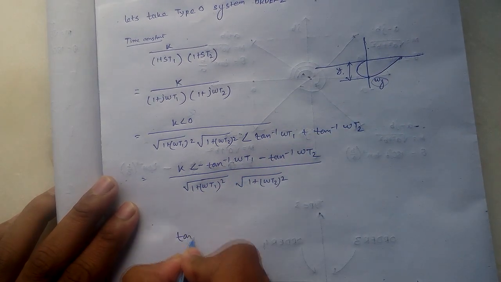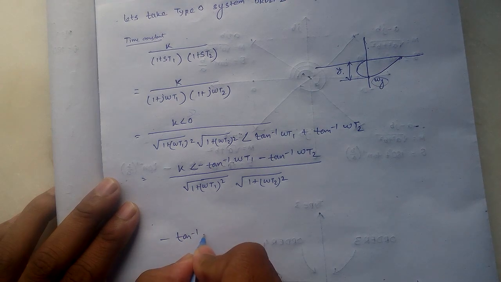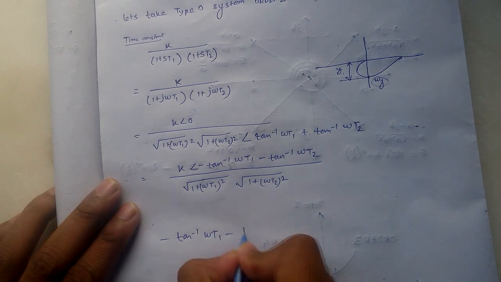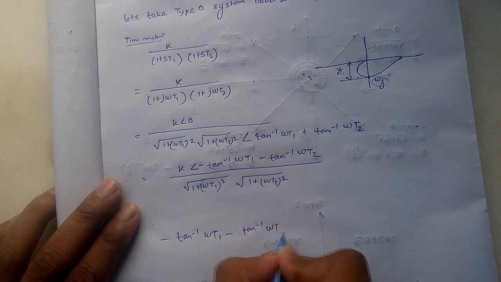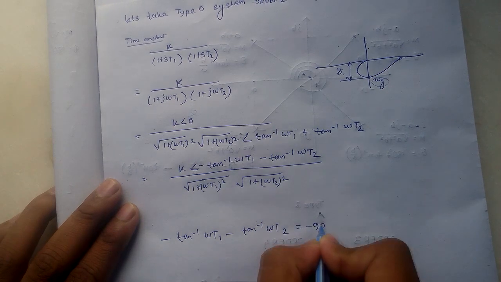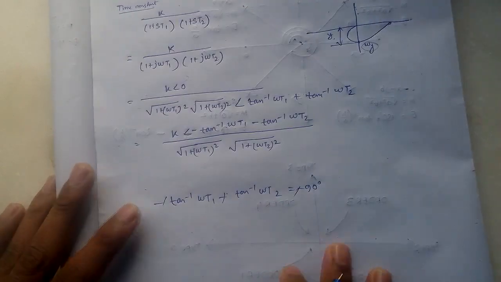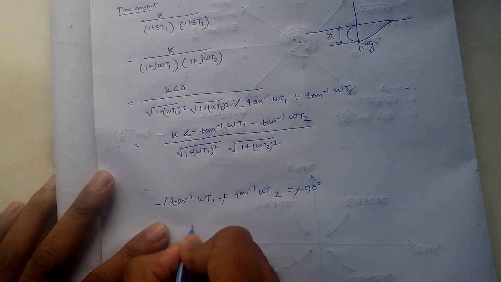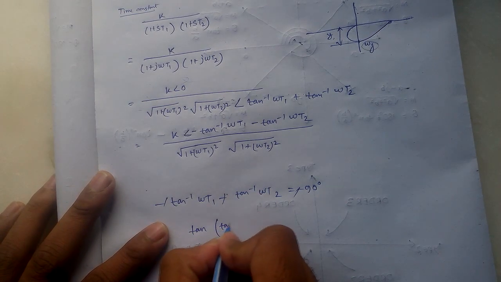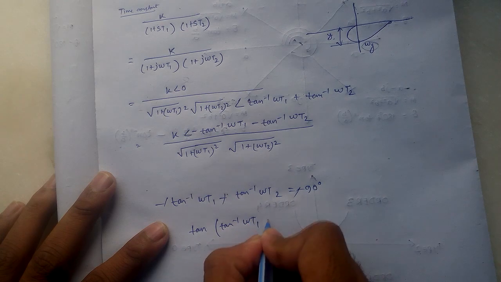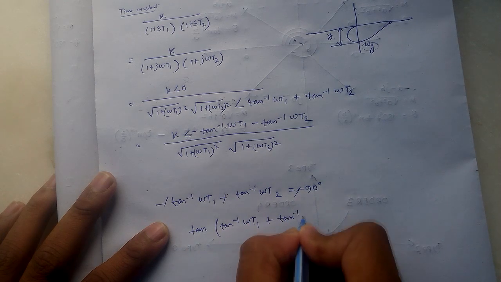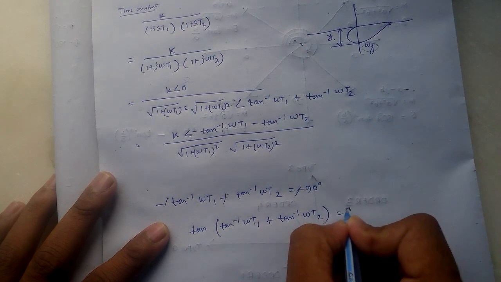So minus tan inverse of omega t1 minus tan inverse of omega t2 equals minus 90 degrees. So minus minus gets cancelled out everywhere, and tan inverse of omega t1 plus tan inverse of omega t2 equals 90 degrees.